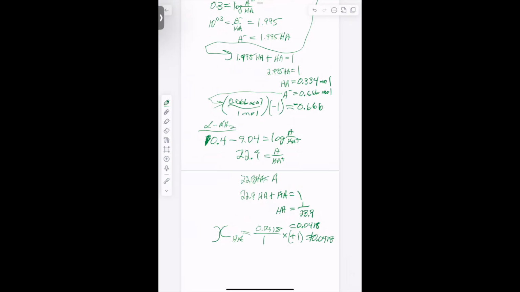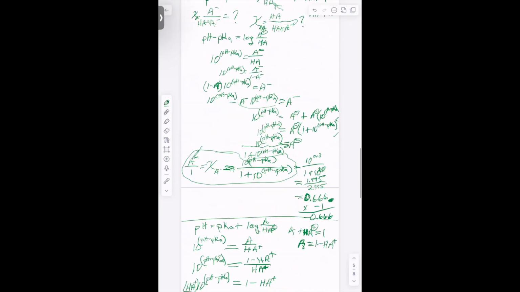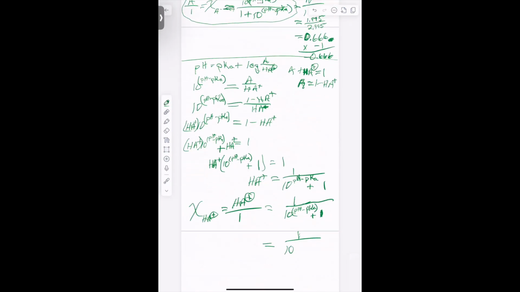So 10.4, 1.36. So I know that it's 10 to the 1.36 plus 1. Okay, 10 to the 1.36 plus 1. And if I look at that, then what do I get?